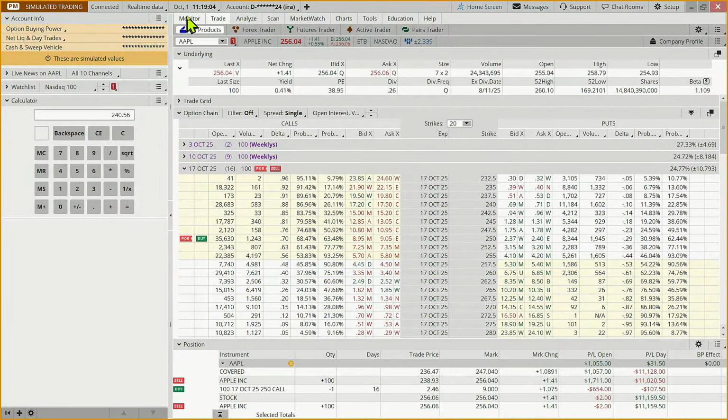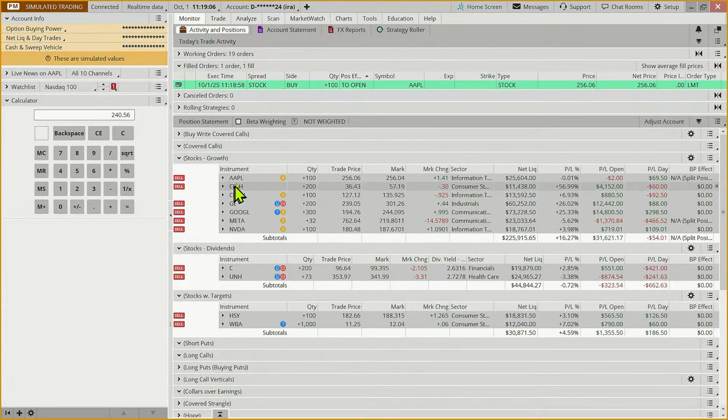And if we want to see this on the monitor tab, we can come and here's all the growth stocks that we have. And you might say, well, in my paper money, it's not organized this way. Like, I like to see how much I'm up as a percentage, and then what the net liquidating value is. If I were to sell my position in Apple, how much would go back into my account? 25,000.